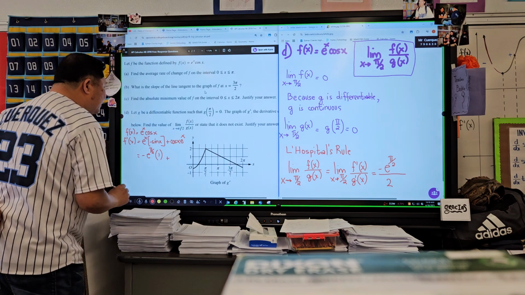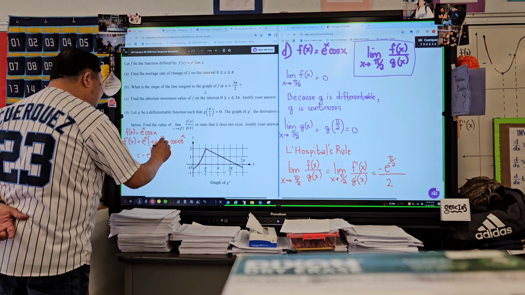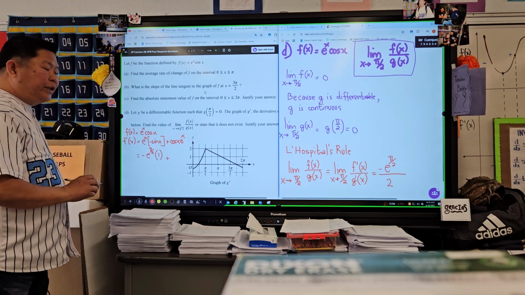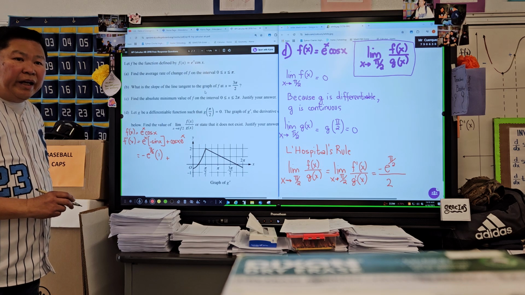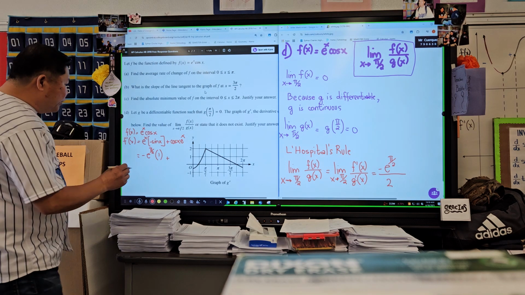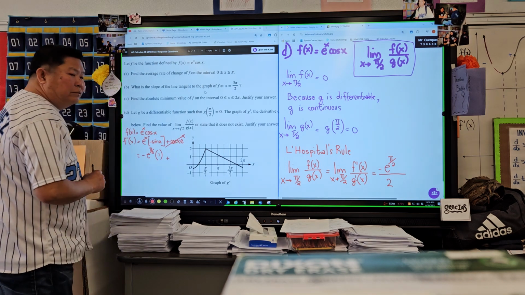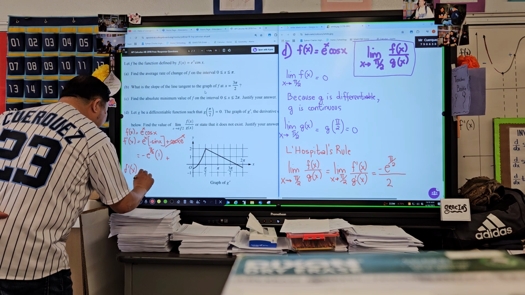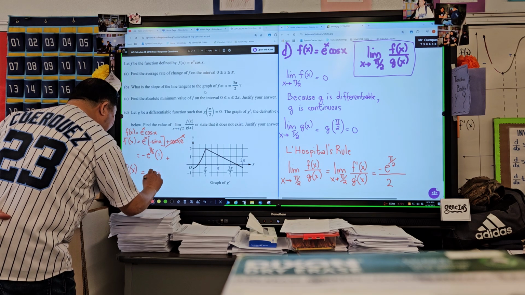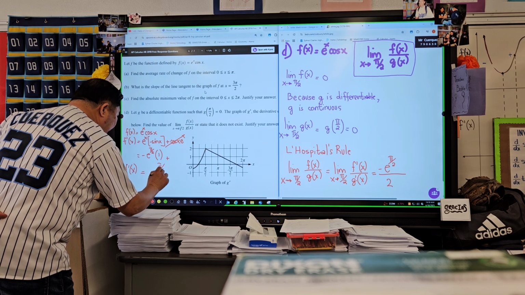Plus cosine pi over 2. What is cosine pi over 2? 0. So I'll just cross this out. So what is left now? f prime of x is equal to negative e to the power of pi over 2.